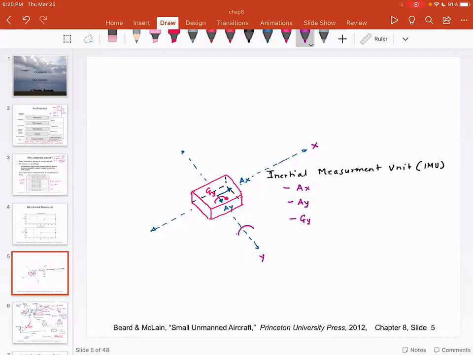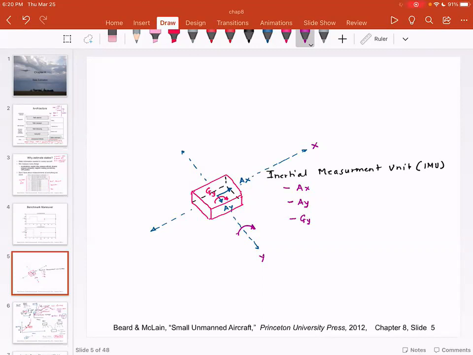This gyroscope can measure the rotational rate in this direction. If you rotate this chip around Y direction, you will get some sort of rate output. So this is a very hypothetical sensor. Everybody understood? This is the sensor that I want to discuss for sensor fusion.